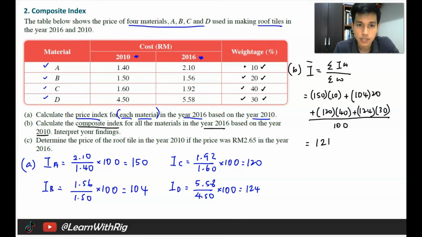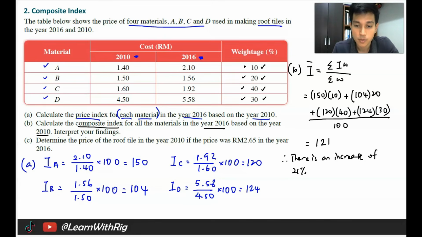So they ask you to interpret your findings. So what does this mean? That means, okay, you can write here, there is an increase of 21%, right? Because initially it's 100, went to 121.